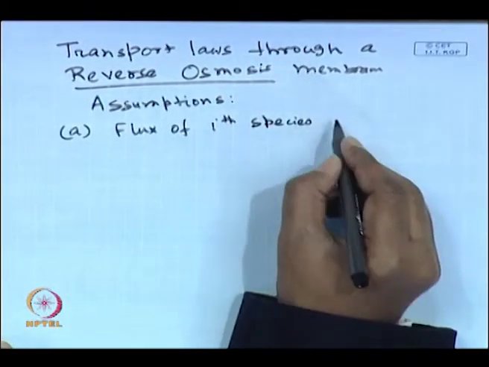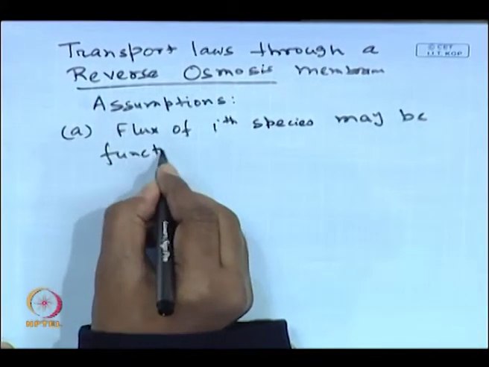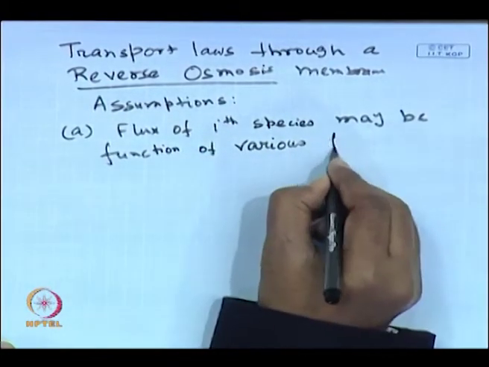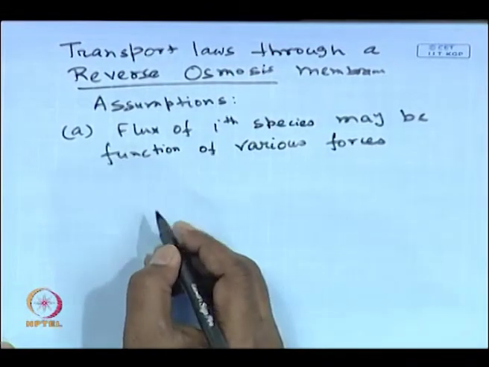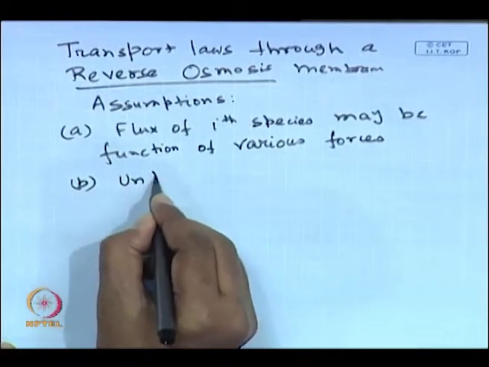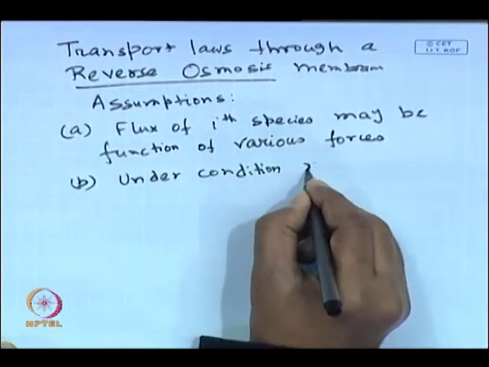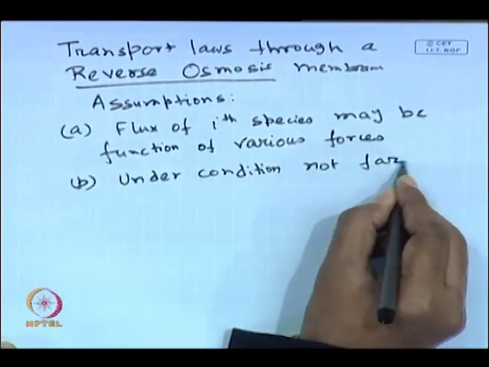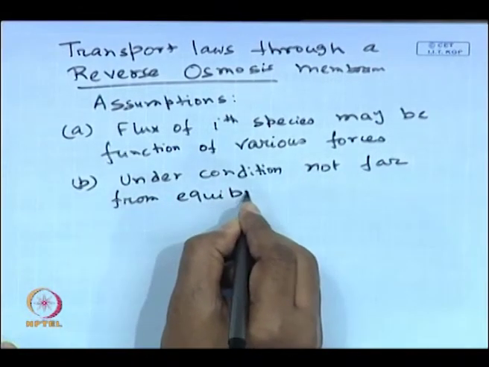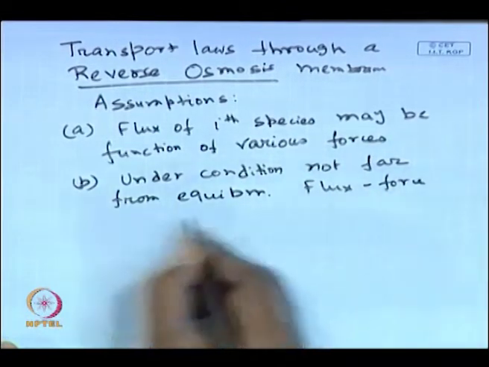Okay. The ith species flux may be a function of various forces present in the system, number 1. Number 2, under conditions not far from equilibrium, the flux force relationship is linear.